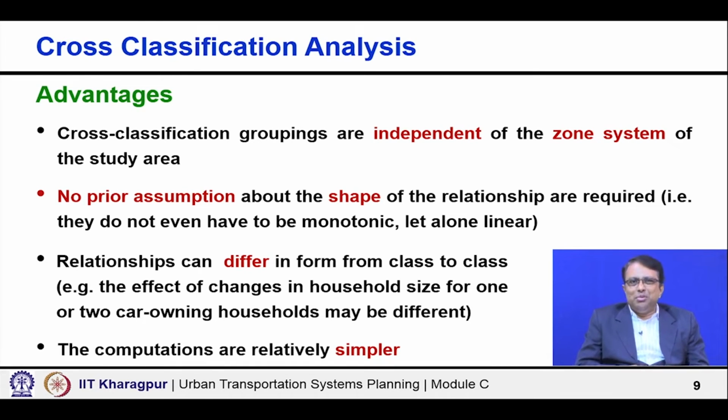that no prior assumption, even the relationships can differ from class to class. Third, the computations are relatively simple. We do not have to really go for any mathematical modeling.